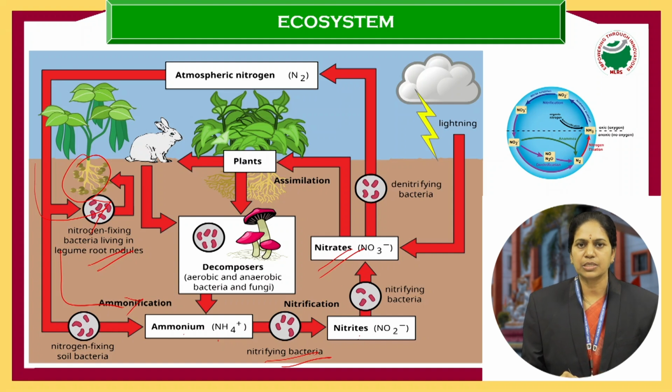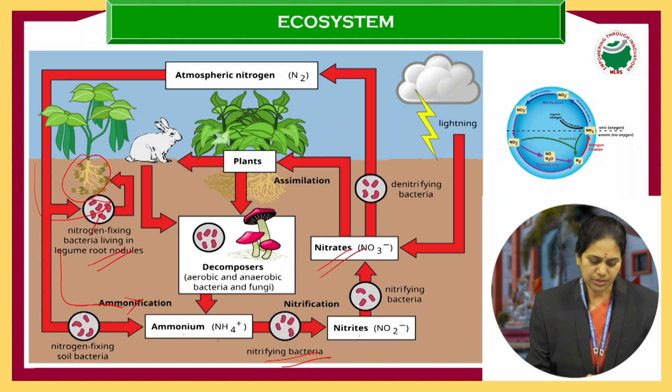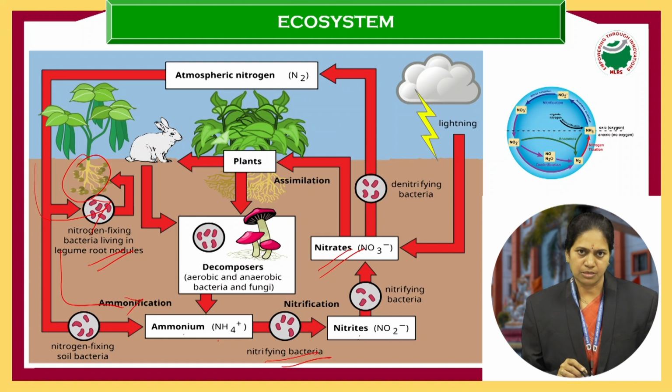How is it being absorbed? It is being absorbed by the bacteria which are present in the root nodules of the leguminous plants especially. And nitrogen is important for production of amino acids and proteins which build up our body mass. So definitely these are the three steps in this nitrogen cycle: ammonification, nitrification, and assimilation.